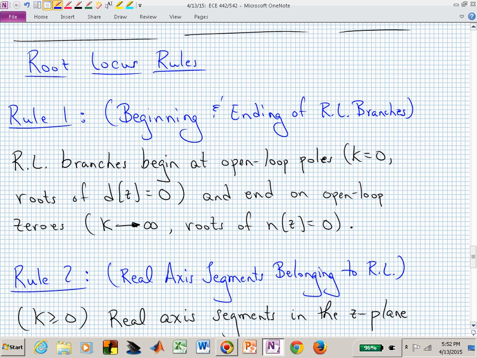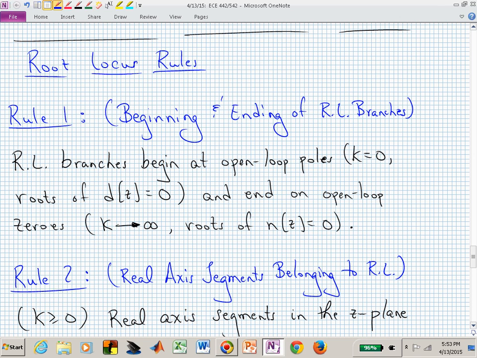On your open loop poles, those values of z that satisfy d of z equal to 0. Where do you end your root locus branches? The finite branches terminate on your finite zeros, and then if you have infinite zeros, they're going off to infinity.